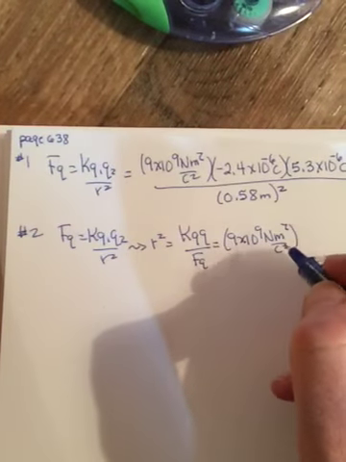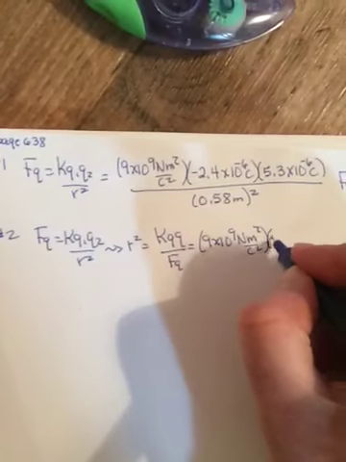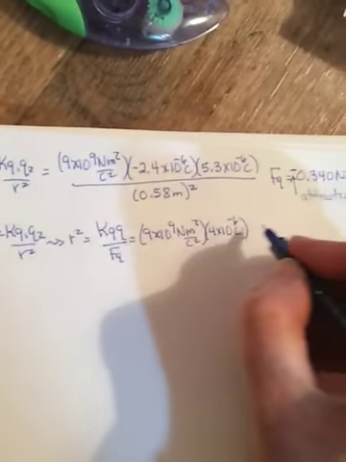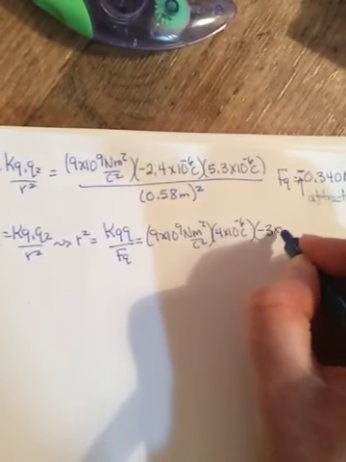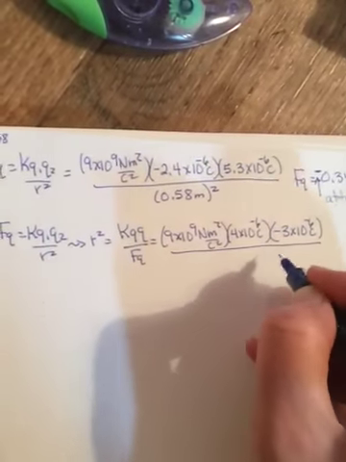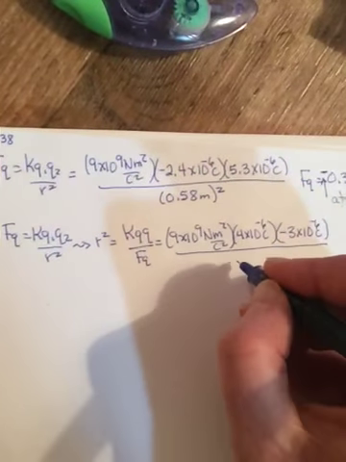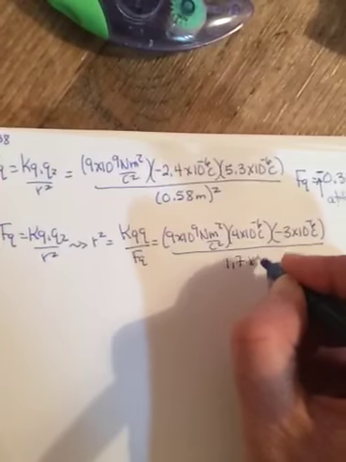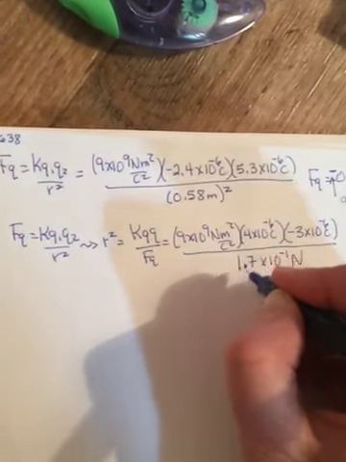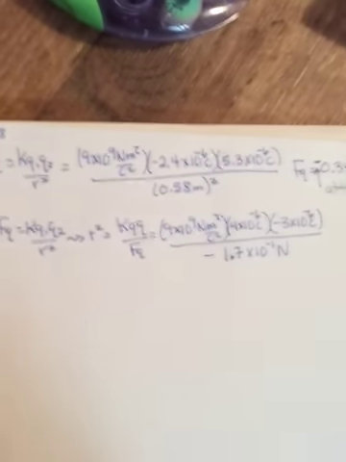Our charges are 4 microcoulombs, so 4 times 10 to the negative 6, and negative 3 microcoulombs, negative 3 times 10 to the negative 6. And it says it's a force of attraction of 1.7 times 10 to the negative 1 newtons. A force of attraction. You have to put a negative in here.